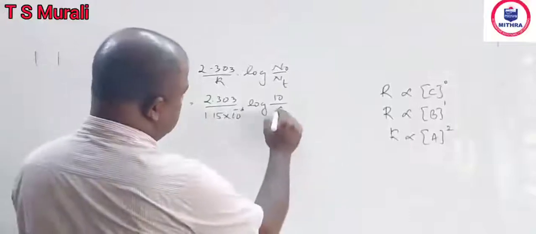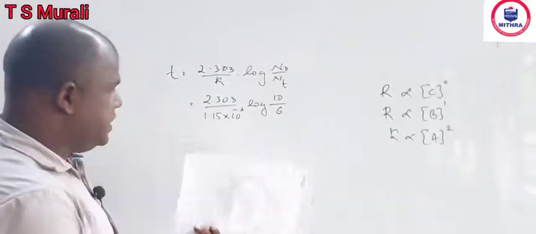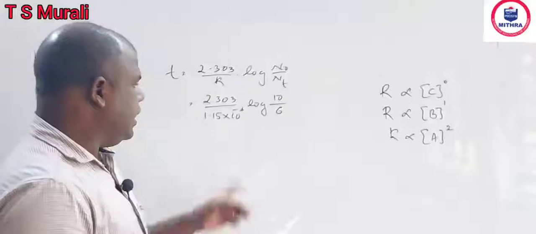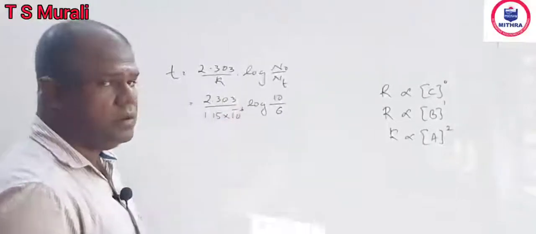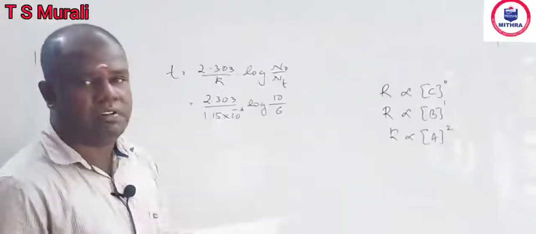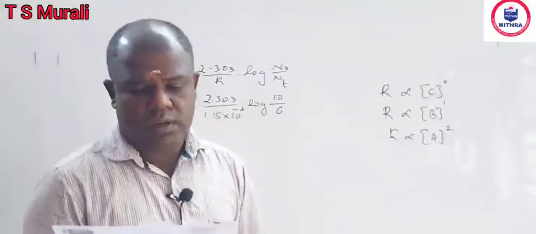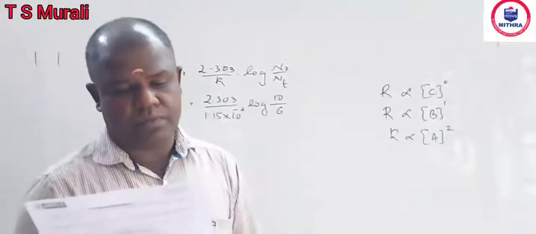So, solve log 10 by 6, that is 5 by 3. And after that multiply with 2.303 divided by 1.15 into 10 raised to minus 3. You are getting the answer. Answer is in seconds. You find and tell me.